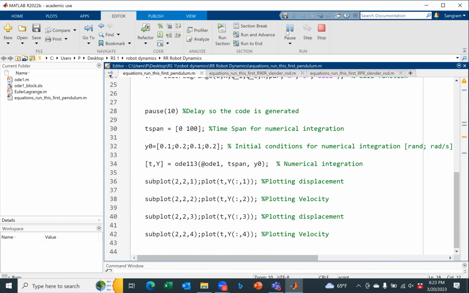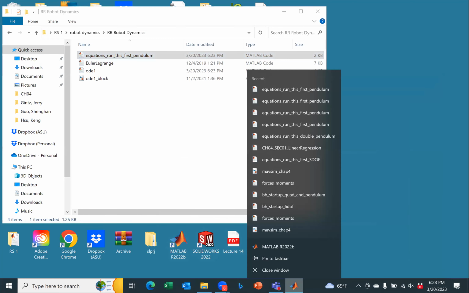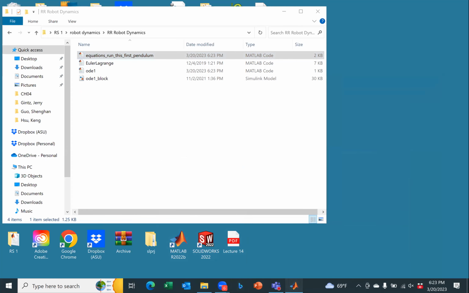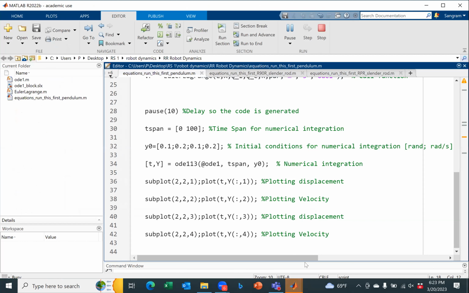So when you run this code, and please understand this robot arm is a simple 2 degree of freedom robot arm, it will generate the plots at the end. The first time it will take some time to run, but afterwards it will be okay.